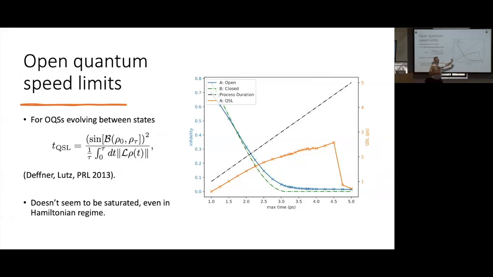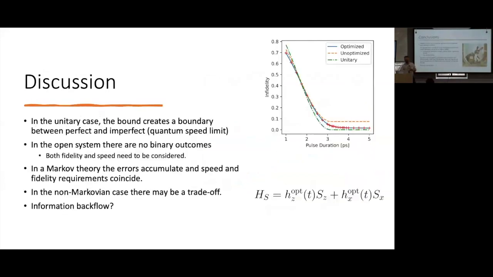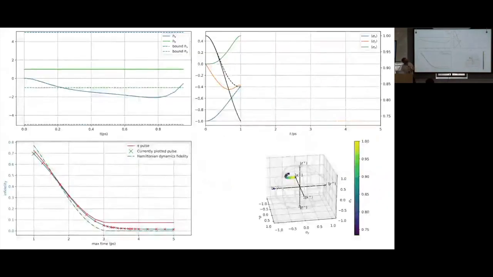And you should probably expect that, right? If you give it too much time, it can do what it likes on the Bloch sphere, and it's just got to get from here to here. So let me just show you. There's a nice sequence of pictures here. This is the optimized Bloch sphere dynamics, for the case where I have a really short process duration.